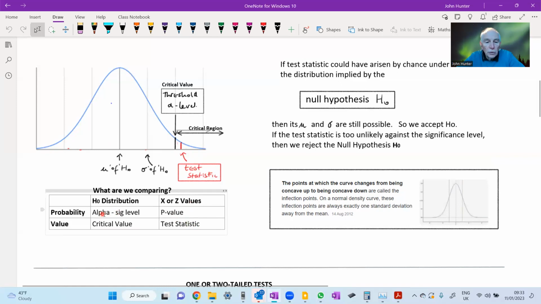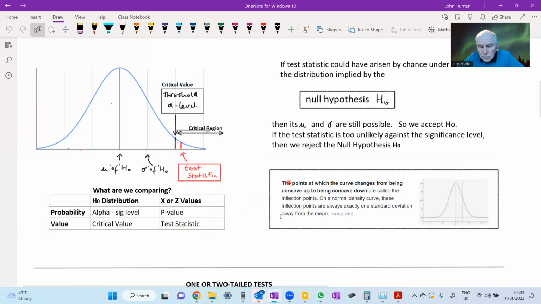Or we could take our alpha level and turn this into a value, using an inverse normal on our calculator. So we can compare either pair. We could do both, but not much point in doing that, to be honest. Okay, so that is the general idea.